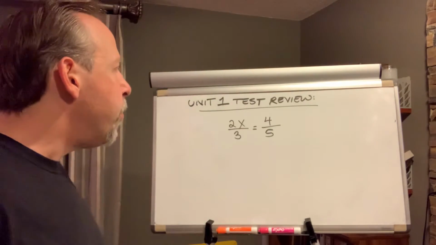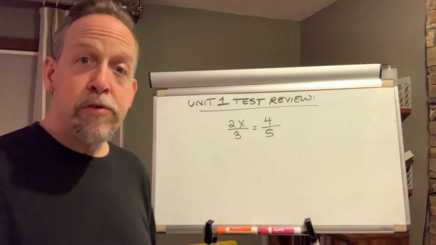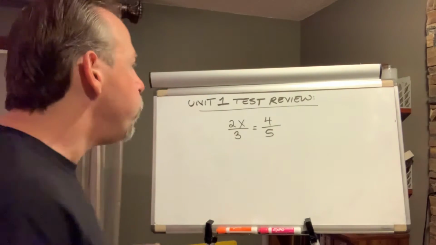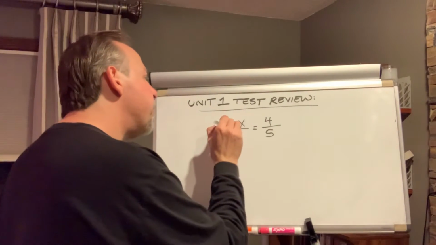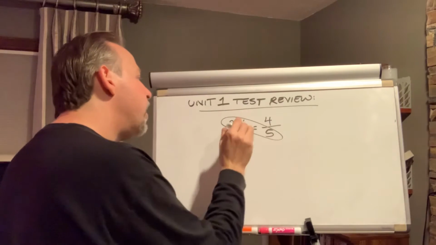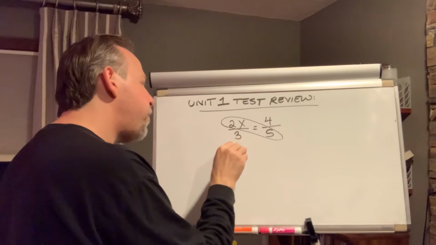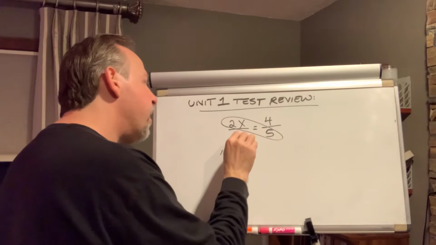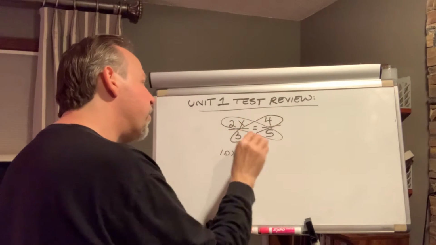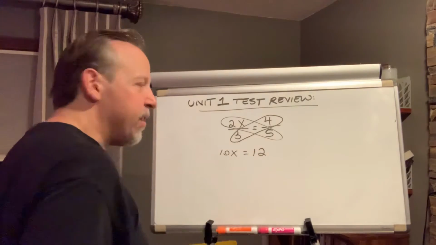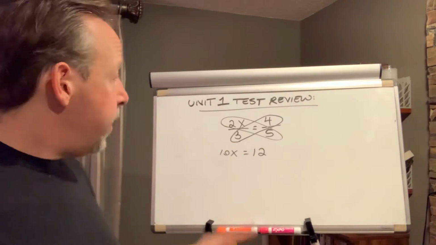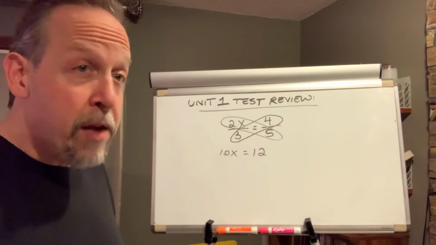We solve a proportion by cross multiplying, also called cross products, which basically means we're going to multiply on a diagonal. 2x times 5, that's 10x, equals the other diagonal, the 4 times 3, that's 12. Now I have 10x, but of course I'm solving for x.